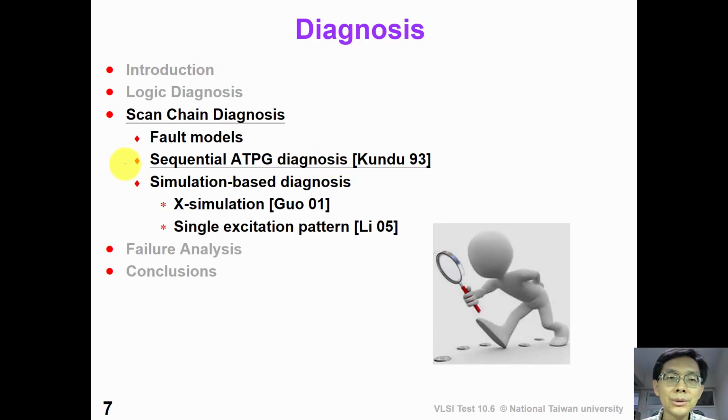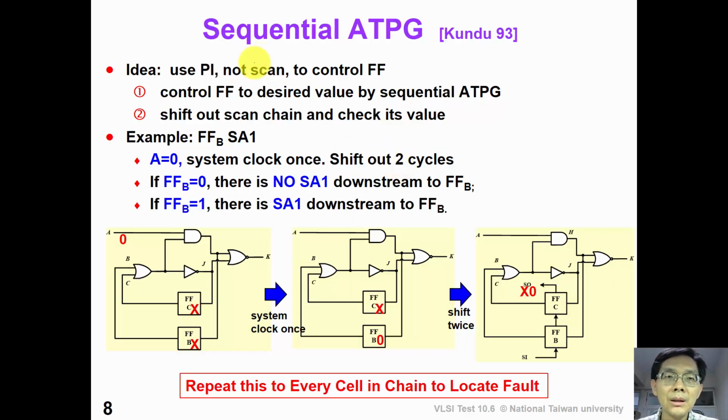Now let's introduce the first method to diagnose scan chain faults using sequential ATPG. This method was proposed by Kundu in 1993. The idea of sequential ATPG is simple. Since we cannot use the scan chain to control the flip-flop, we will use the primary input and the sequential ATPG to control the flip-flop.